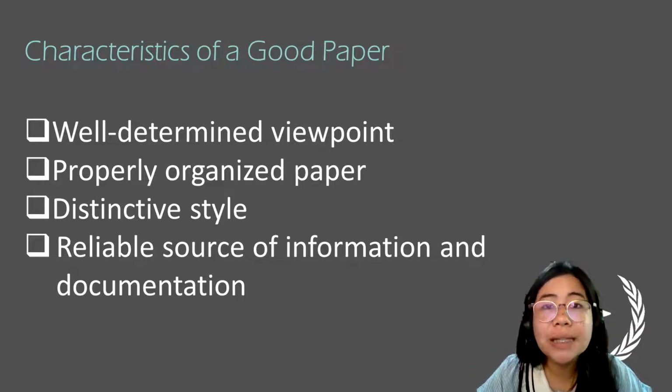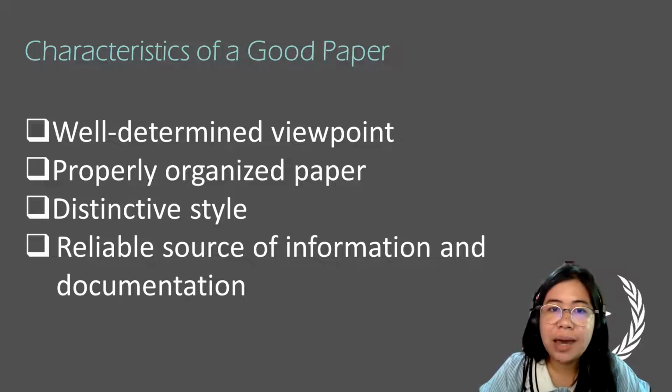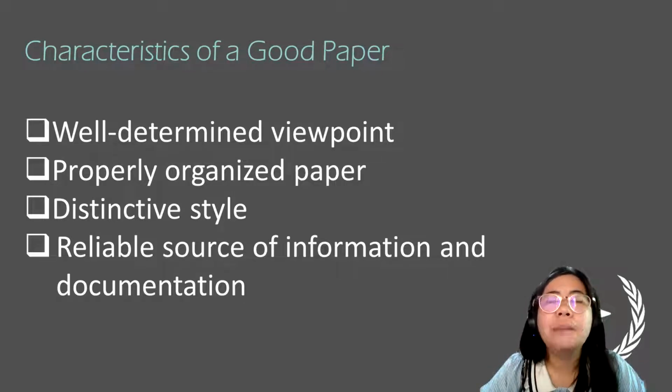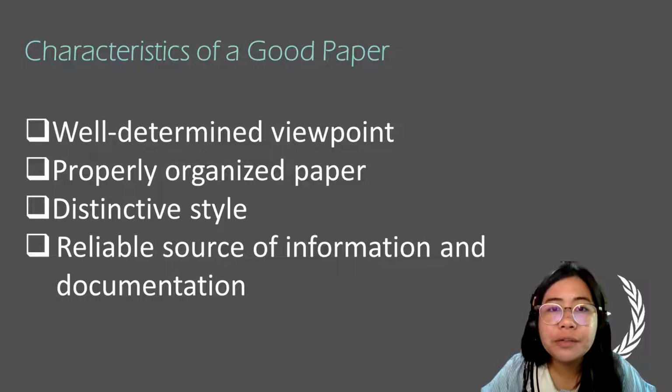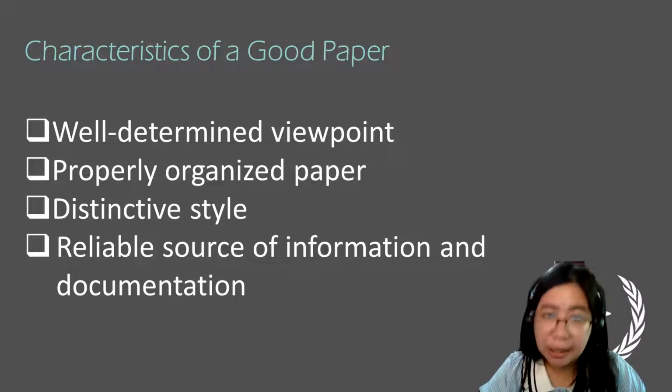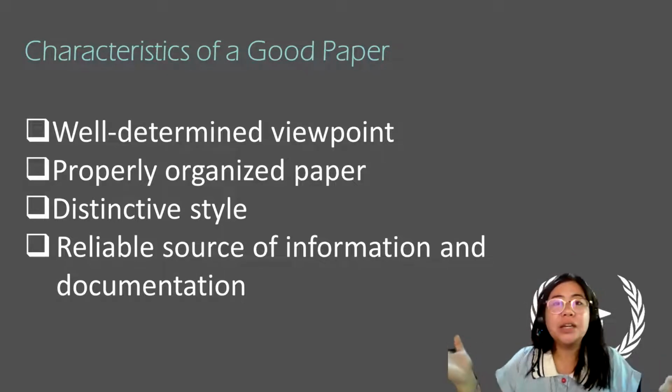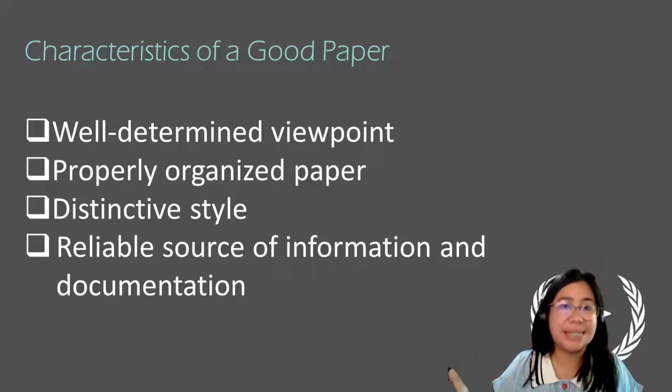Next, you have your own distinctive style. Okay, and you should be able to provide a reliable source of information and documentation. What I mean about this is that you have to provide reference lists, to make your paper reliable. Okay, so you cannot just present your own opinion or your stand without a basis.